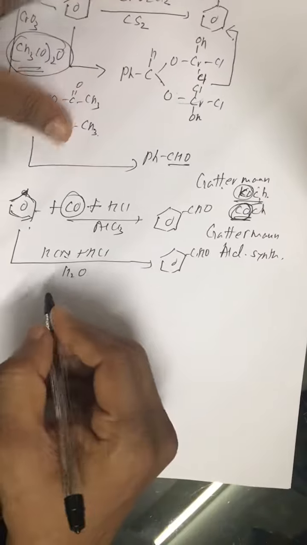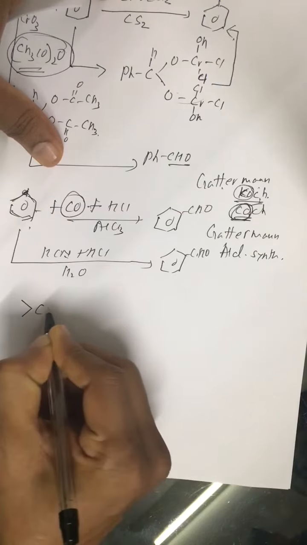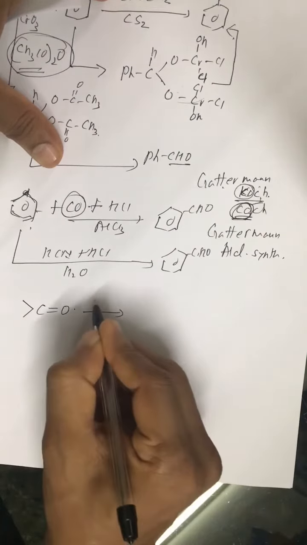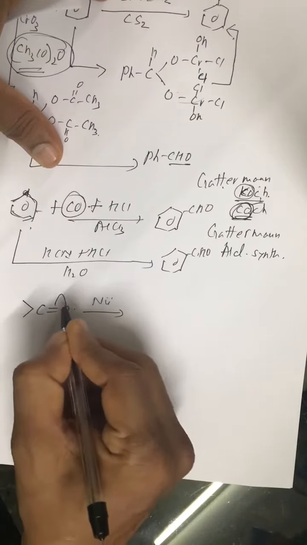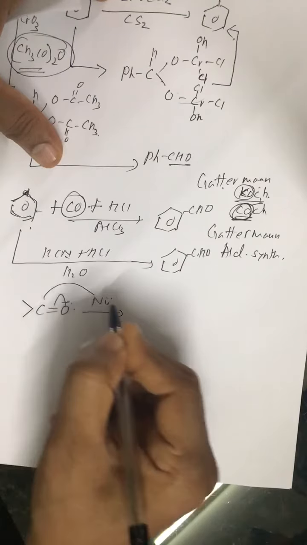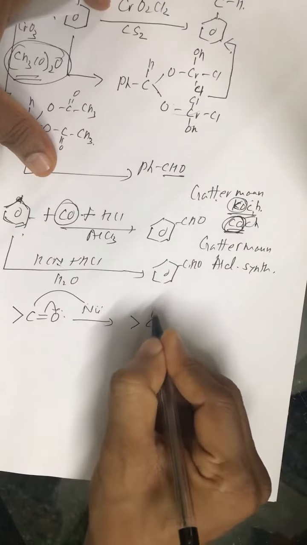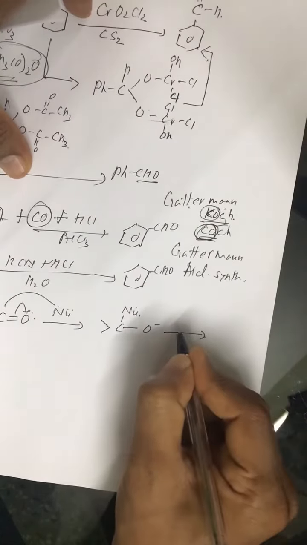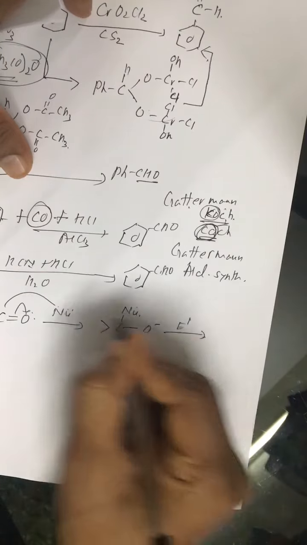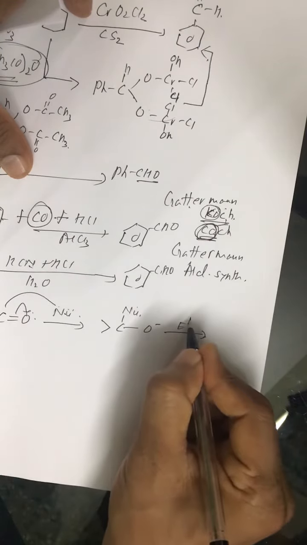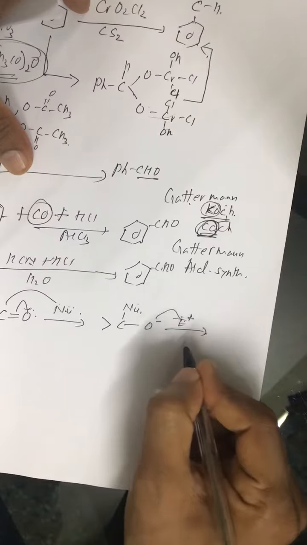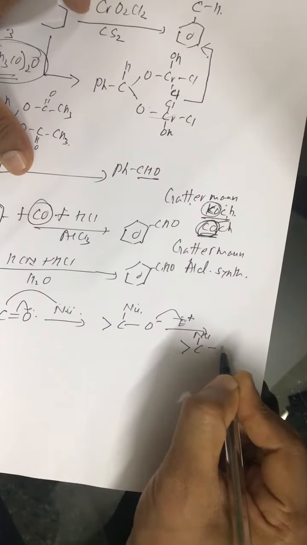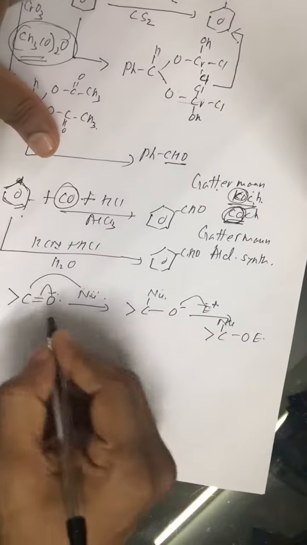Now comes chemical properties. Carbonyl compounds, aldehydes and ketones, show nucleophilic addition reaction. See, in initial stages it forms this kind of intermediate, and then with the electrophile it gives the final product like this.